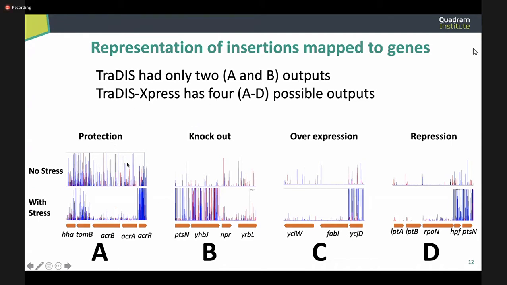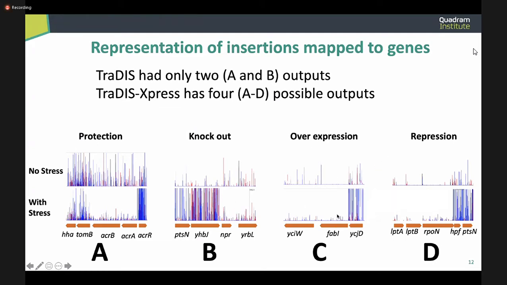So here is some of the data I have shown with the 4 conditions A, B, C, D. A is the protection, where particular genes become essential in a particular stress condition, and B is where a gene was essential or semi-essential in no stress, but its knockout is better for survival in that particular condition.